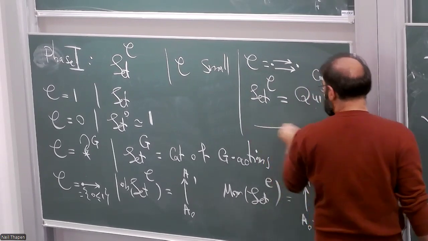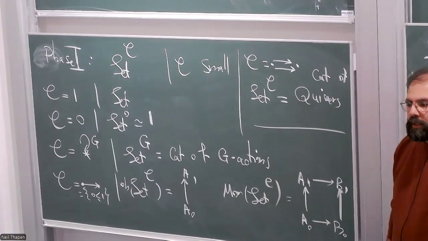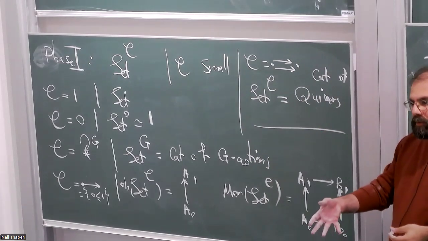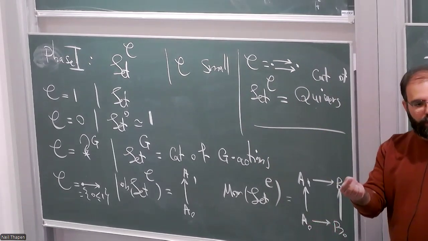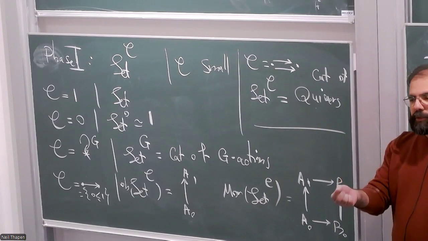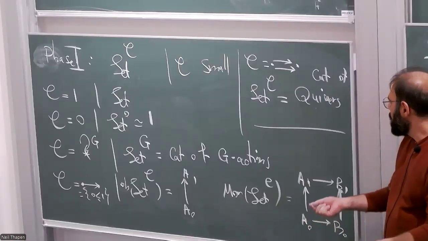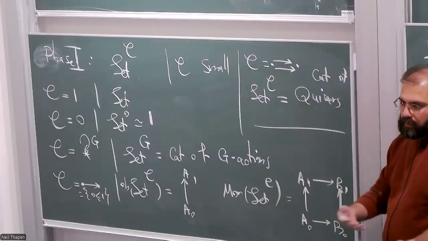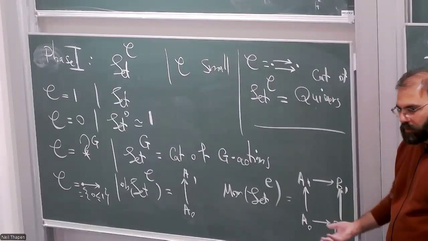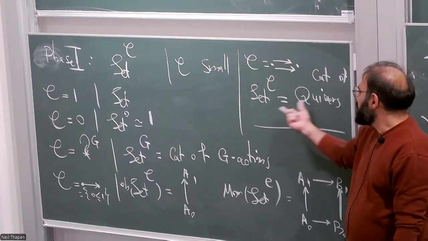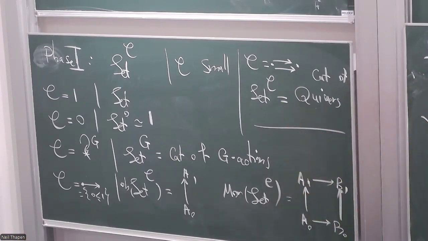A quiver is just a multi-graph. Between any two vertices you can have many edges, and it is directed. The morphisms are the ones that respect the connectivity, of course. And this is just the category of quivers. We saw all the details, but if you want to see anything, just ask.